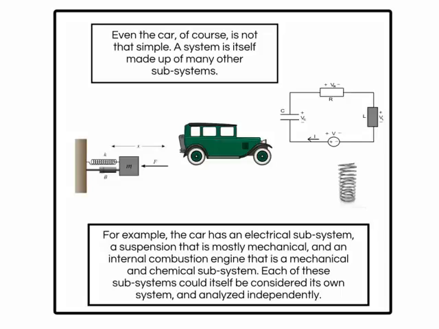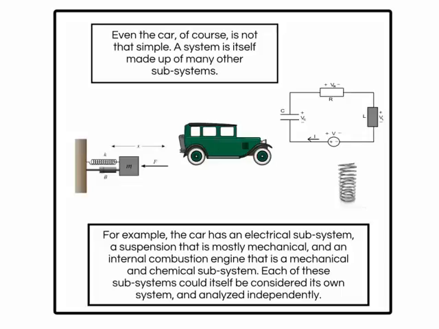The car also has an internal combustion engine that is both a mechanical and a chemical subsystem. Each of these individual subsystems could itself be considered its own system and could be analyzed independently.